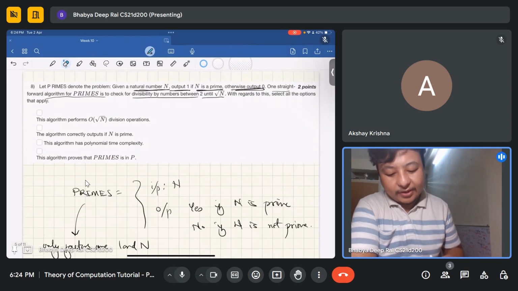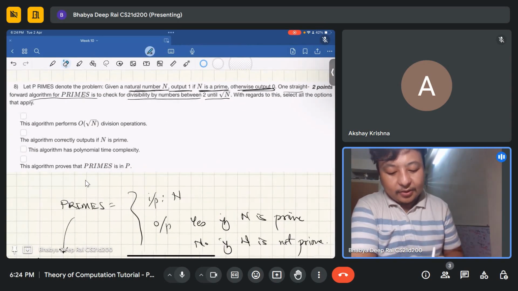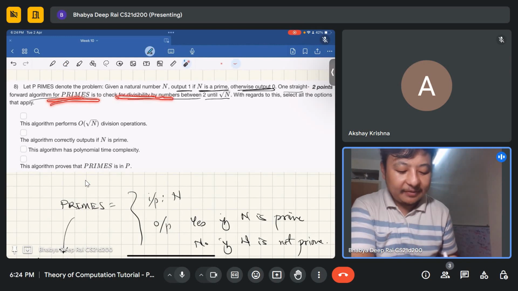Yeah, I'm doing this question from the past assignment, which talks about primes. The question is, given a natural number, output 1 if n is prime, otherwise output 0. One straightforward algorithm for primes is to check divisibility by numbers between 2 until root n.